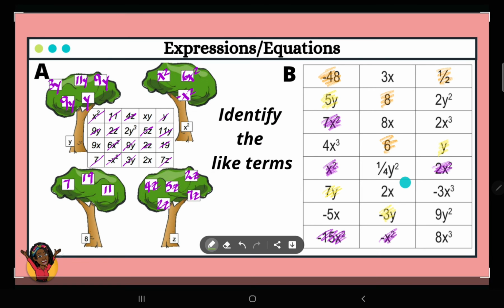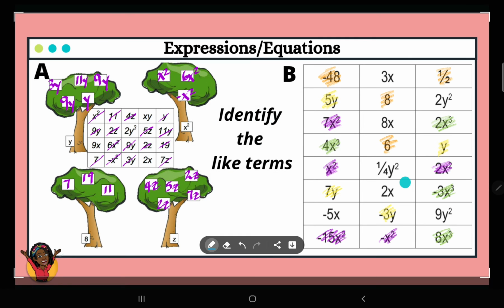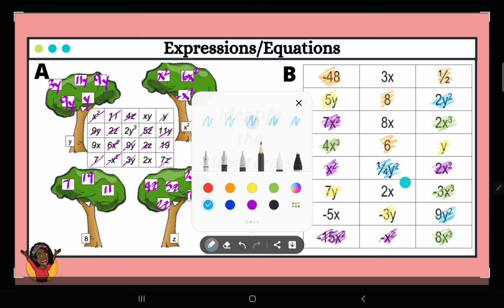Let's take a look at my x to the third, or x cubed, so 4x cubed, 2x cubed, negative 3x cubed, positive 8x cubed. Okay, those are my like terms. Then let's take a look at my y squared. So I have 1/4 y squared, I have 2y squared, I have 9y squared. And then I believe what's left over are all like terms.